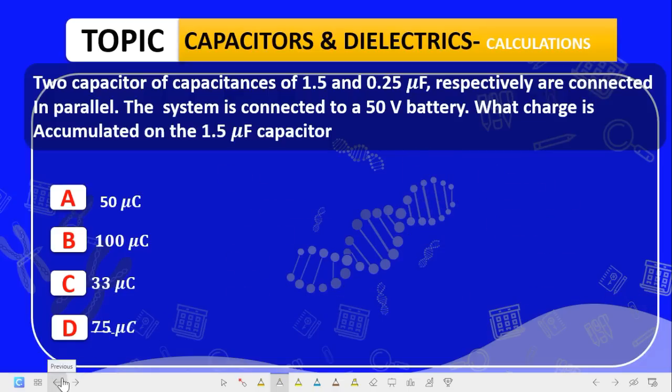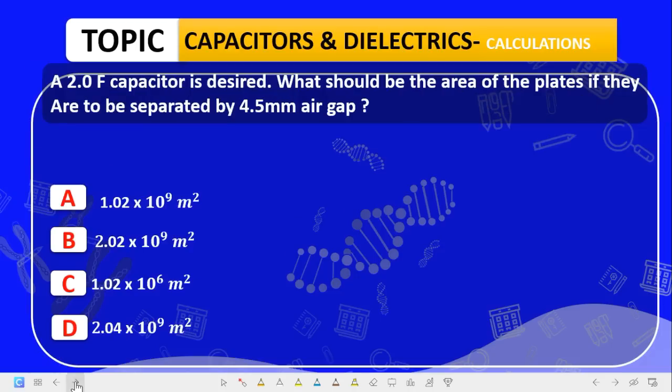Now, same question type. The question says a 2.0 farad capacitor is desired. What should be the area of the plates if they are to be separated by a 4.5 millimeter air gap? Now, the capacitance is 2.0 farad. The area is unknown.